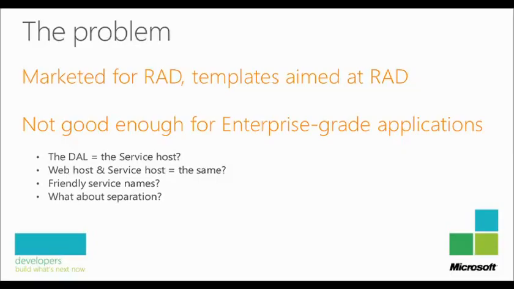And that host contained my DAL, my EDMX, let's say. It contains my services, so the service host is the web host. The service names aren't too friendly. And, well, there's not a lot of separation going on here. There's not a lot of possibility for reuse of my code here. Everything is in the same place. If that web application fails, everything will fail.